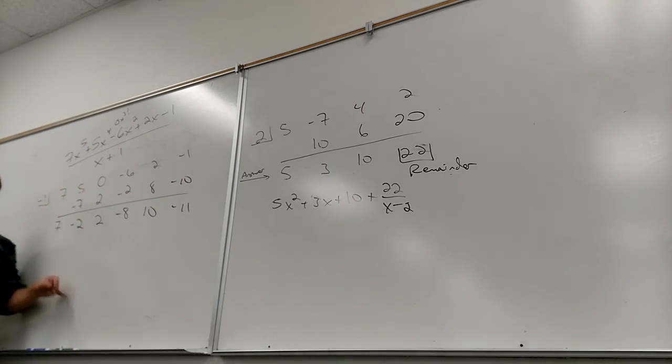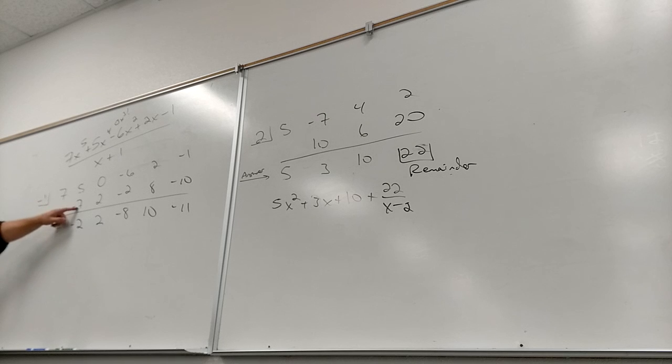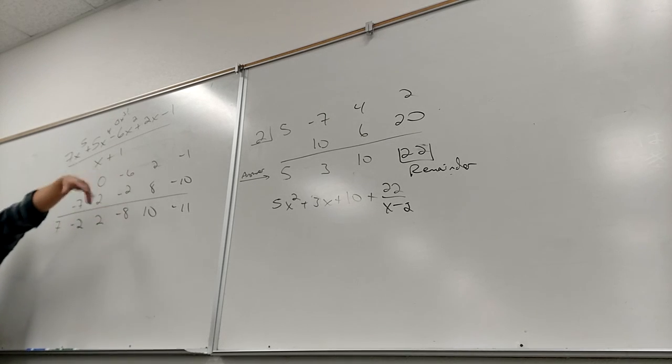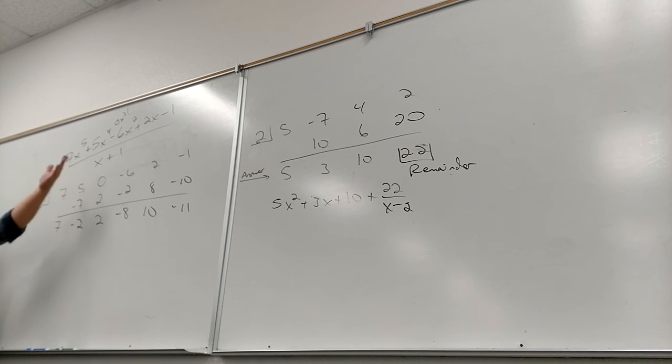Add. Multiply here, and then I add. Multiply here, I add. So forth. Keep doing that over and over. And if you look at a long division problem, you'll see that's exactly what you're doing. The most important steps are when you multiply the thing you put up here, and then you add these things together. Those are the 2 most important steps, and that's the only thing that shows up here.